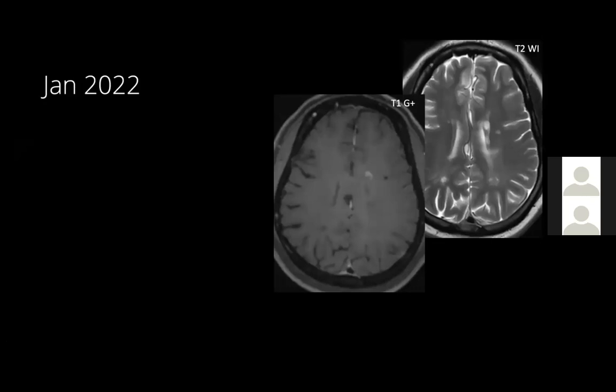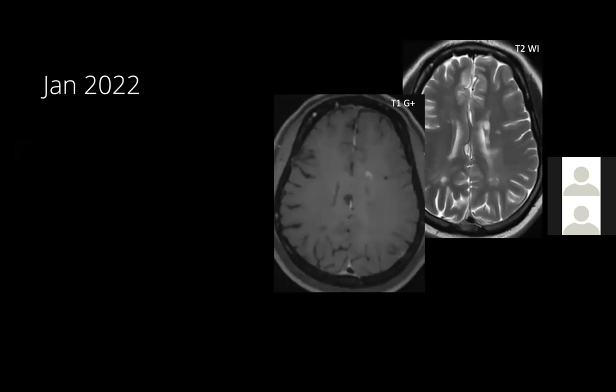Follow-up of this patient in the next month showed new periventricular lesions in the left periventricular white matter, which also show gadolinium enhancement. So if we apply the McDonald criteria, this is dissemination in time, because in follow-up we have a new T2 lesion and a new gadolinium enhancing lesion.